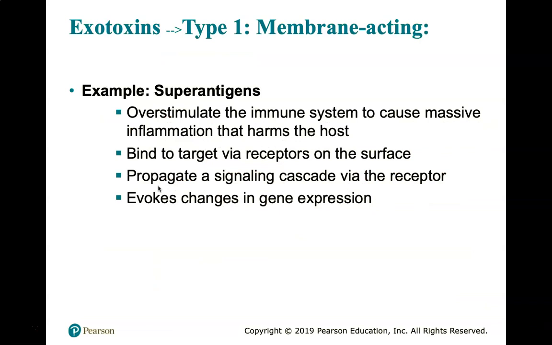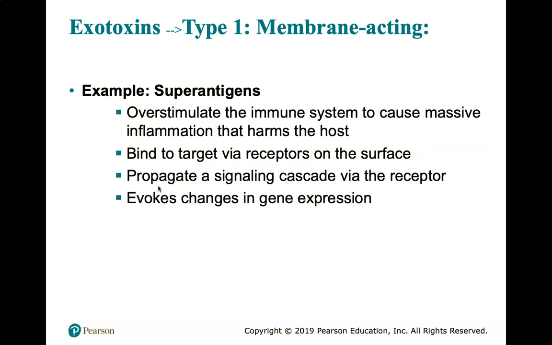So here's a little building on my superantigen example. Overstimulating the immune system, causing massive inflammation. The superantigens are going to bind to receptors on the surface of our cells. And really what it is, it triggers a signaling cascade. So it triggers a bunch of chemicals to start to act once it binds to the receptor.